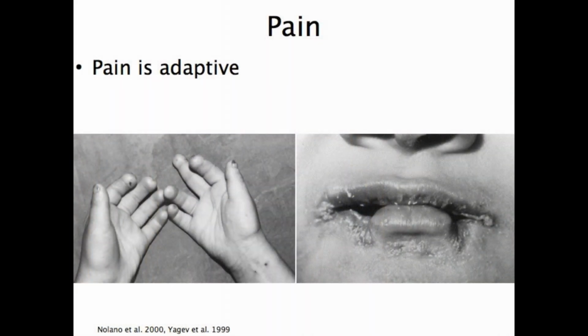And so there are actually kids who are born with a congenital insensitivity to pain, also known as congenital analgesia. And oftentimes these kids don't live very long. They self-mutilate. And you see a similar thing with diabetic neuropathy. Somebody will get a sore on their foot, they don't realize it, it gets infected, and then it gets amputated.